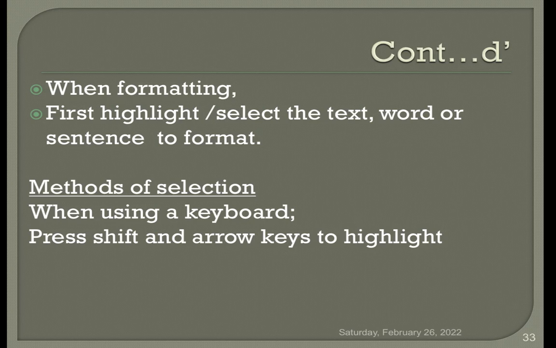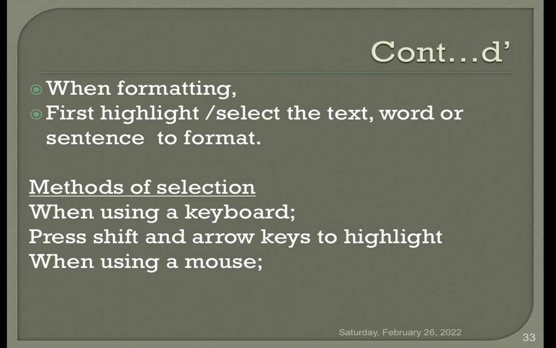Once the cursor is blinking from there, press down the shift and then use these arrows. The arrows point in different directions. When you press the one pointing up, the highlight goes upwards. When you press the one pointing down, the highlight goes downwards. The one pointing to the left, the highlight goes to the left, and the one pointing right, the highlight goes to the right. So that is to do with the keyboard.